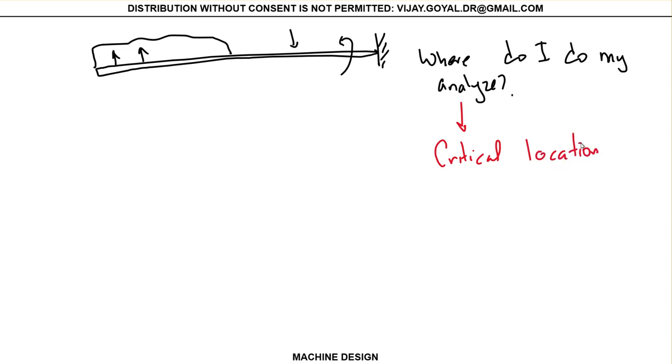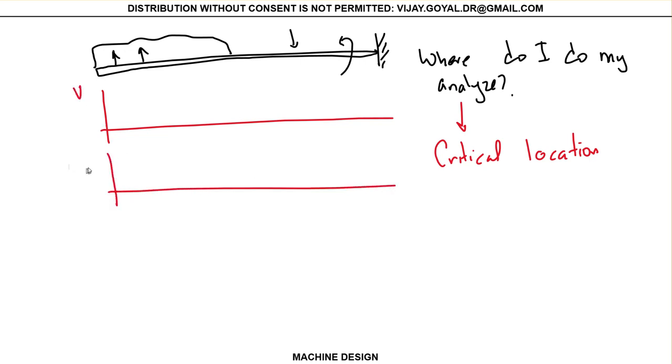So how do I find my critical location? First of all, you will do your shear and moment diagrams. We will review that in the next class. You do your shear, your moment.